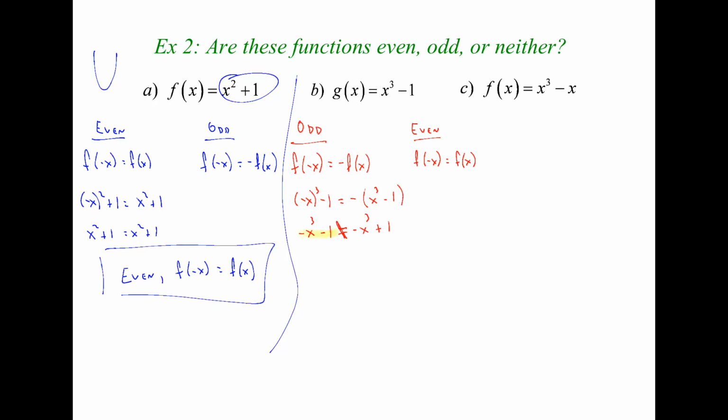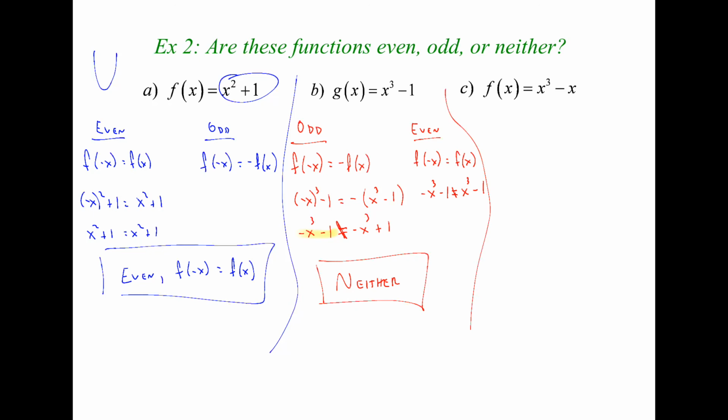That was that one. So we already know that that's negative x cubed minus 1, and the original function was x cubed minus 1. So you can see that those are not equivalent as well. So this is neither, because neither one shows that they are equal.